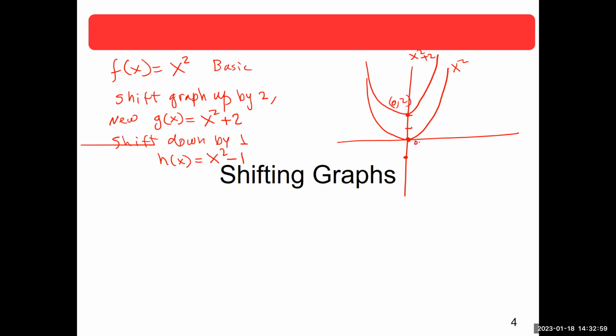The vertex was at 0, 0, now at 0, 2. Now for the second one, this point here is 0, -1. I shifted down. So this function is x squared minus 1. So it's pretty easy. In the y direction, shifting up or down, just add the number.